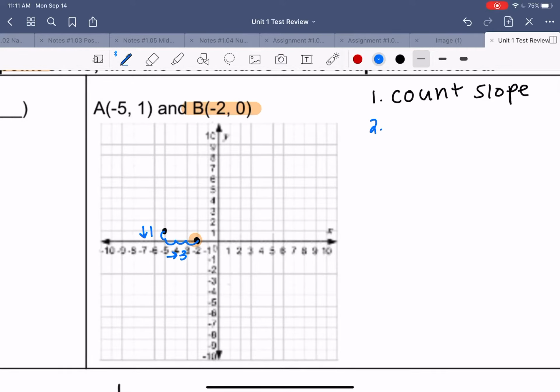And now we repeat slope going from our midpoint, point B, to our other endpoint. So point B counting to our other endpoint, which is point C. So we go down 1 and then over to the right 3.